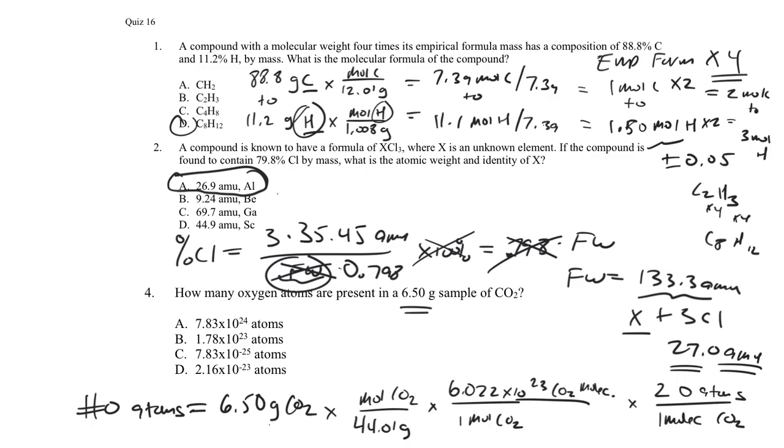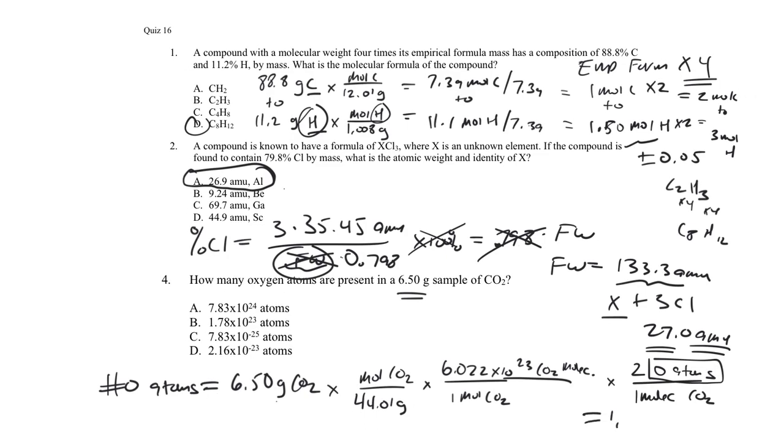So I go 6.5, divide by 44.01, times Avogadro's number. And that's 2 O atoms, not 20, making sure you don't see it's 20. But then times 2 gives me 1.78 times 10 to the 23. For answer B.